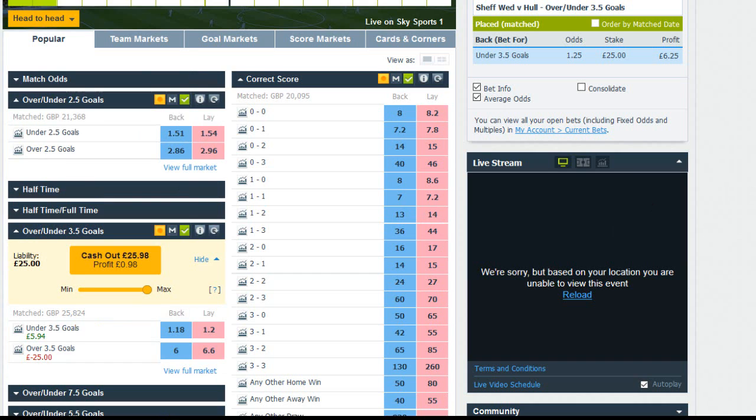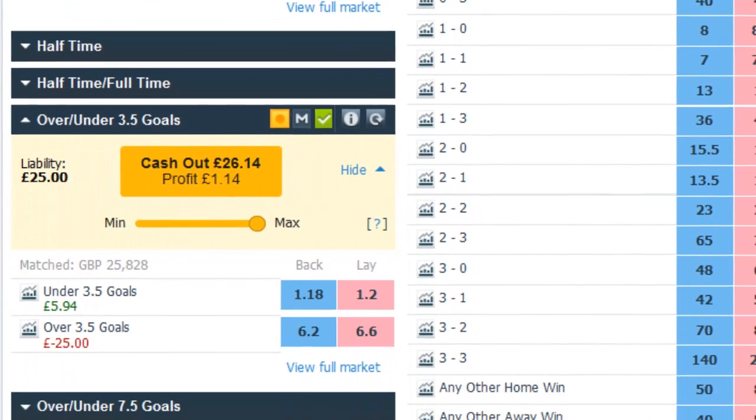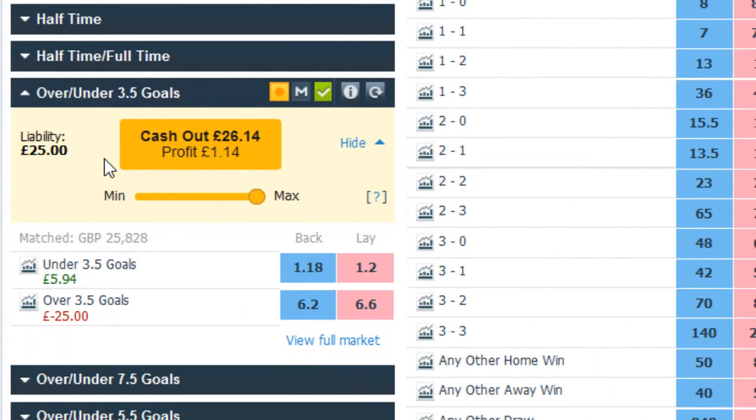Welcome back. Here we are 10 minutes into the match. As you can see, the score is very nicely still 0-0, and if I was to cash out now from the over under 3.5 goals market, I can cash out for about £1.19.